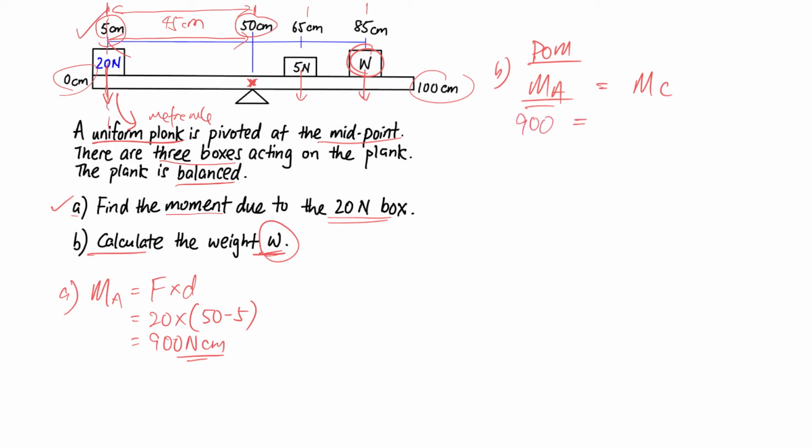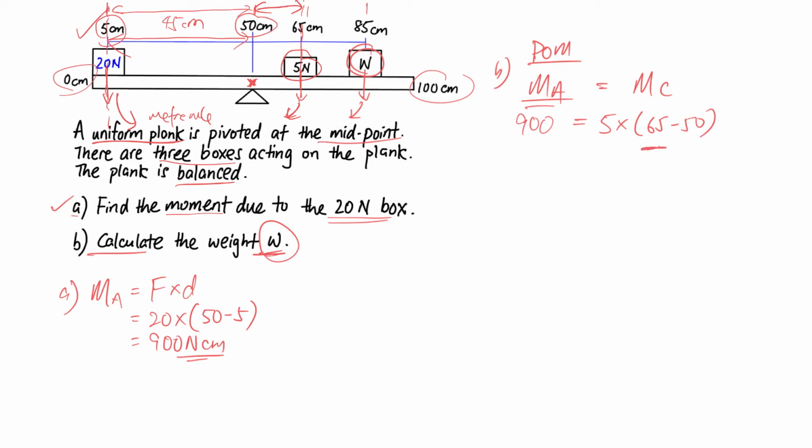Now for clockwise, this 5 Newton box here is creating a clockwise moment, likewise for this W. So let's do it separately. 5 times the perpendicular distance from the line of action of the 5 Newton all the way to the pivot, so it's 65 minus 50, so the distance is only 15.